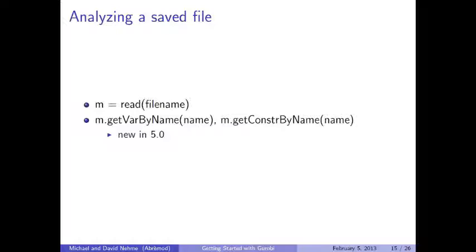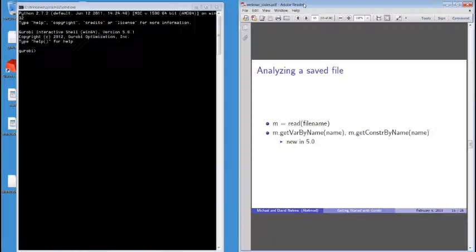Once we've read the file into a model object called M, there are two methods associated with model objects that allow you to access specific decision variables and structural constraints. The getVar_by_name method allows you to access decision variables, and the getConstr_by_name method allows you to access constraints. These are both new methods that have been added in version 5.0 of Gurobi.